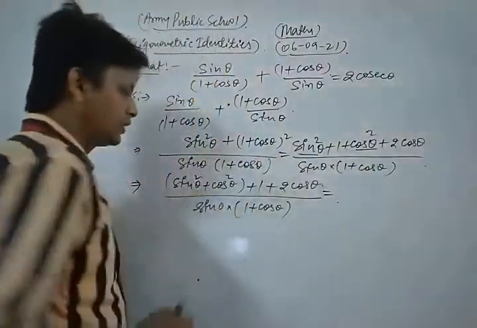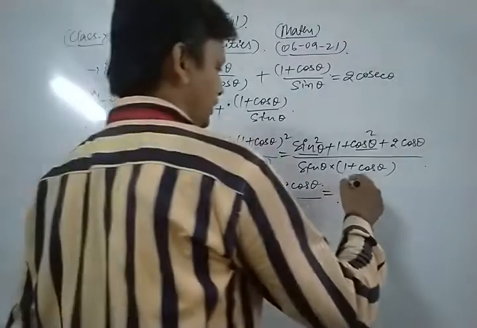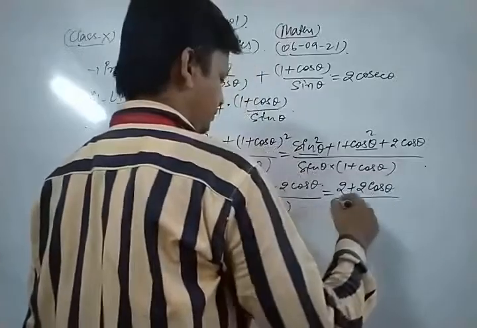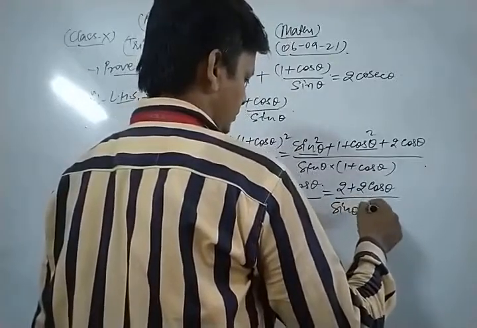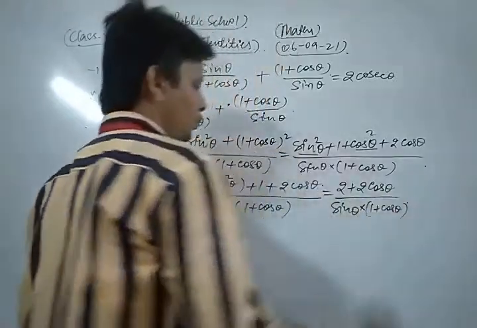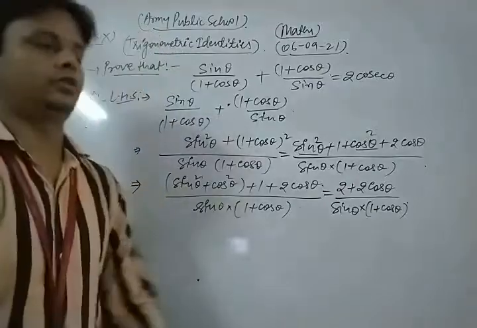So now look, sin square theta plus cos square theta is equal to what? 1. And 1 plus 1 is 2. So here we get 2 plus 2 cos theta upon sin theta into 1 plus cos theta. Okay, now look.